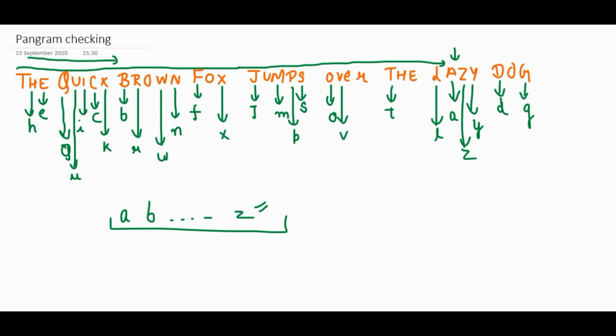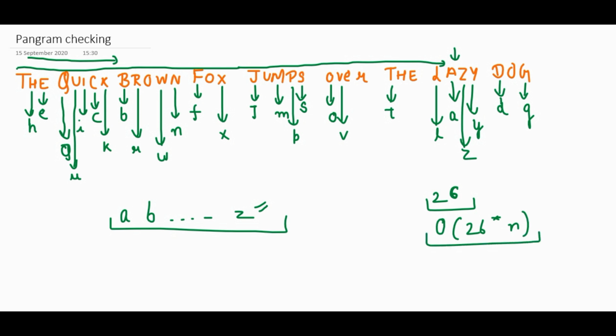So if it contains all the characters from A to Z, we have to iterate over it 26 times. Right? So what will be the time complexity? The time complexity will be big O of 26 times n, right?